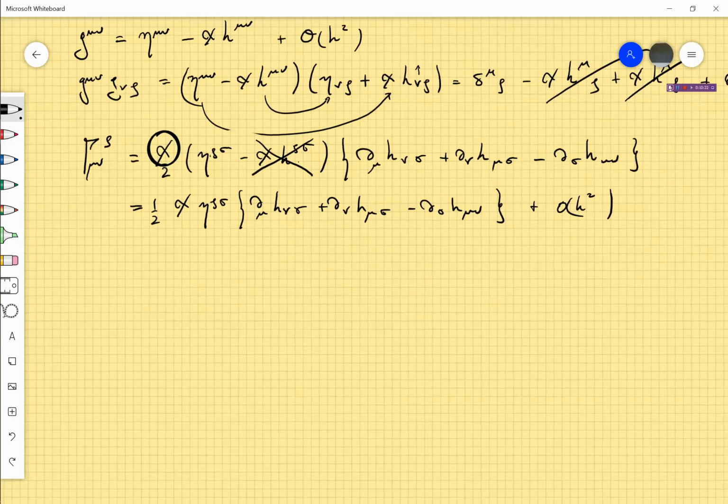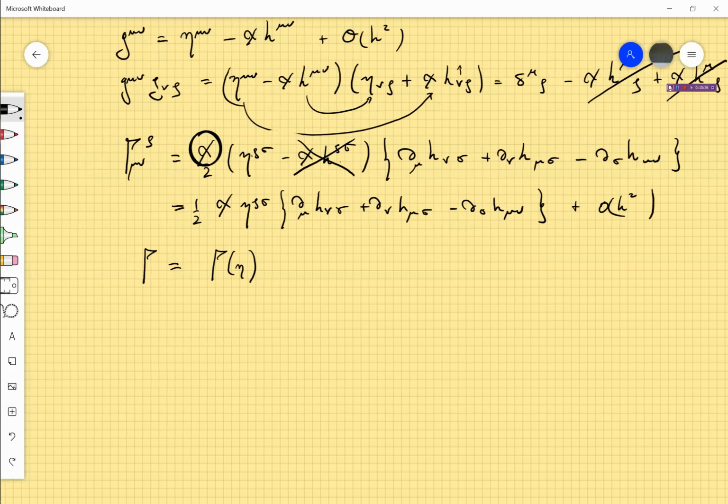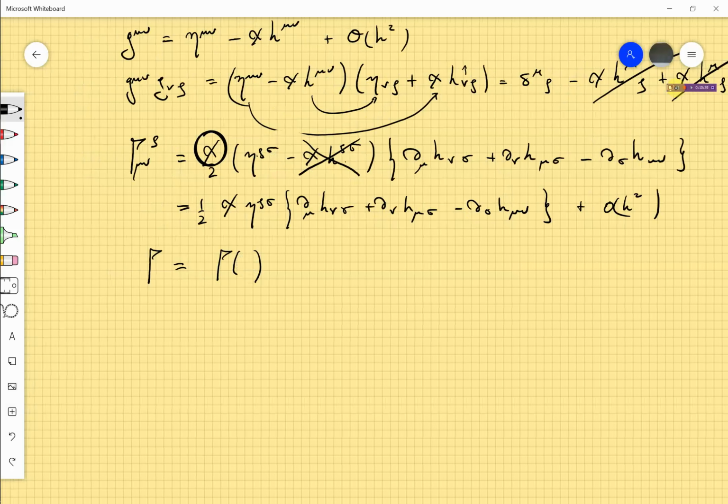But okay, this Gamma has no order zero term. We could have seen this in this way. Gamma would be gamma of eta plus, you want delta gamma.